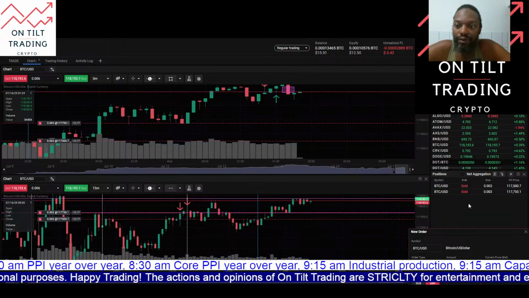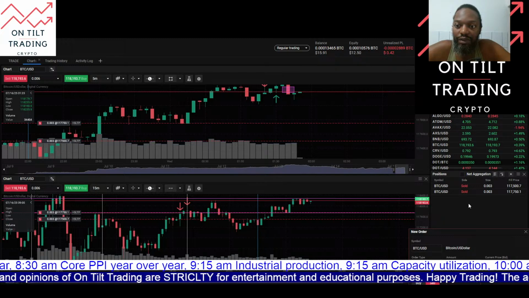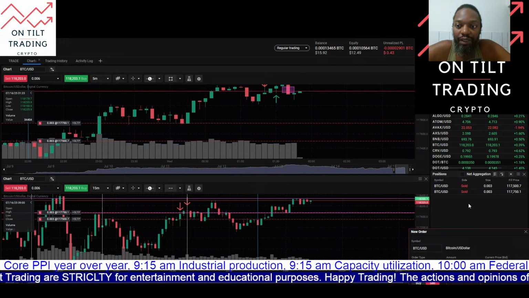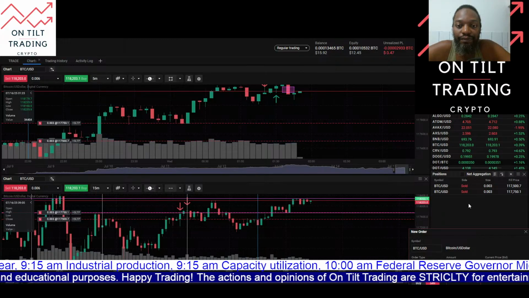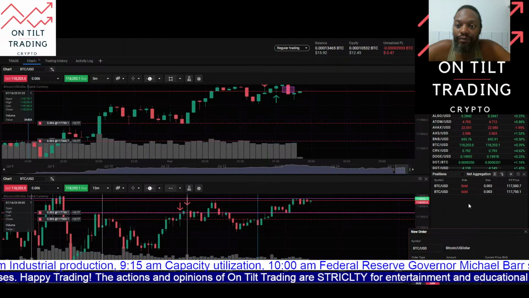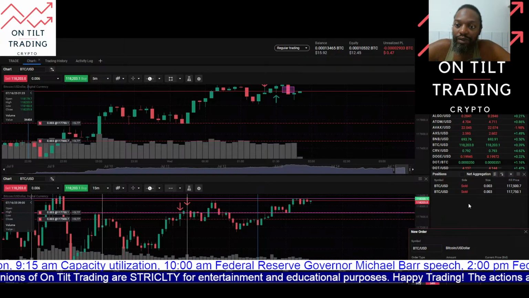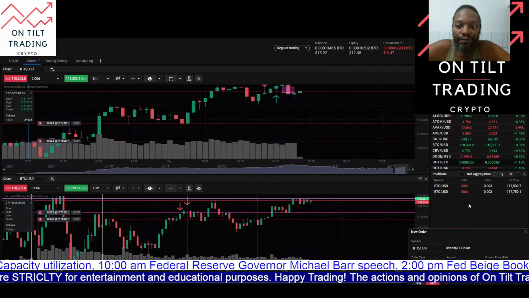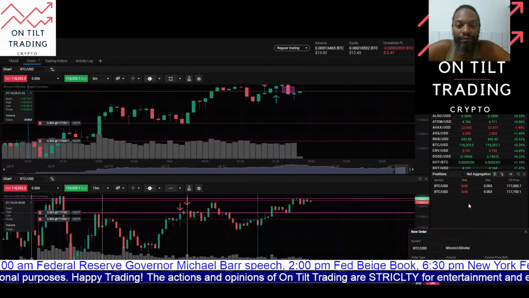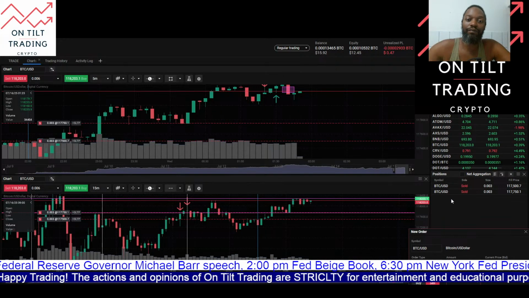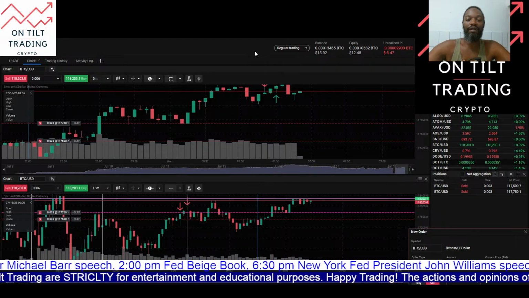Price holding here, trading in between the 118.200 and 118.180 levels, getting buy side delivery here in this current 5-minute candle. Price currently trading at 118.203. Price trading into the fair value gap here.